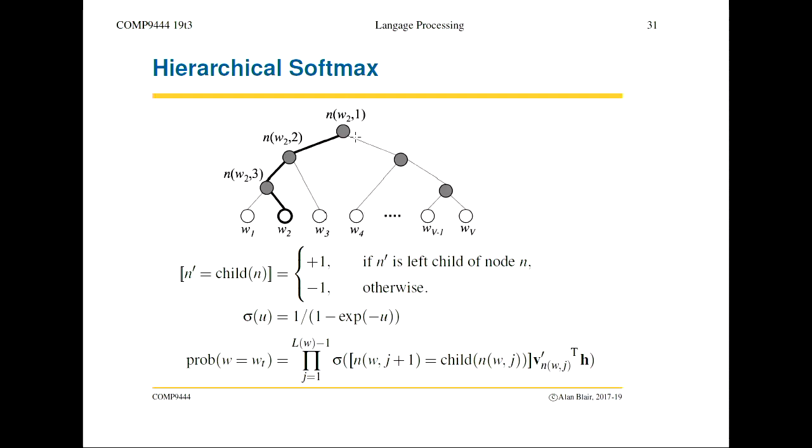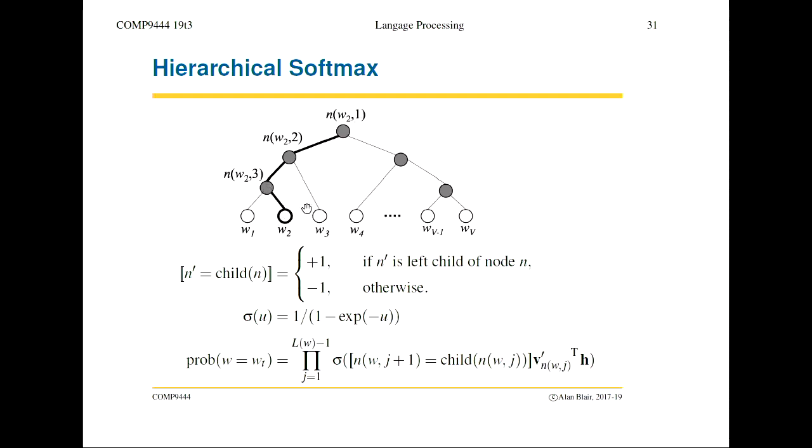So you have one output corresponding to each internal node of this tree, and you only calculate the outputs that you actually need.